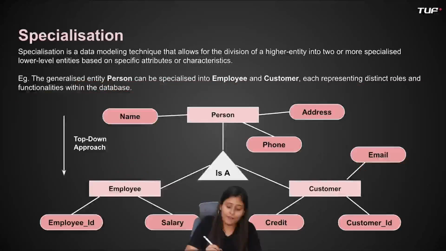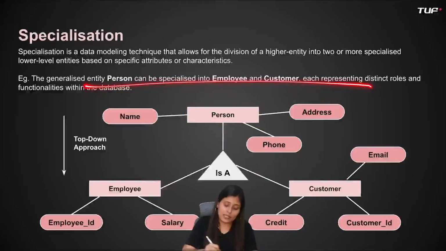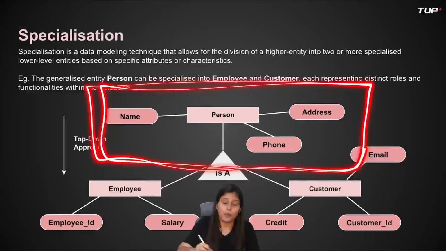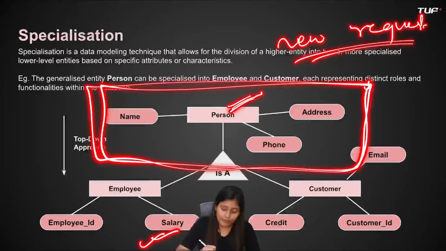So what happens when we have a person entity with name, phone and address, but new requests come saying we will be giving you some persons, and for some persons there will be salary, while for some we will have an email ID or customer ID or credit also.